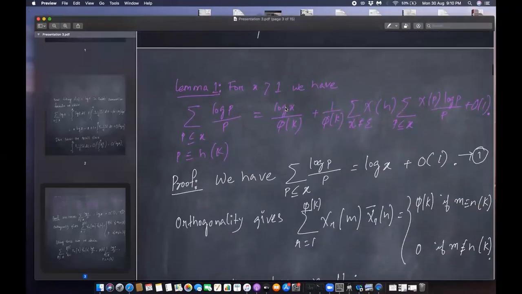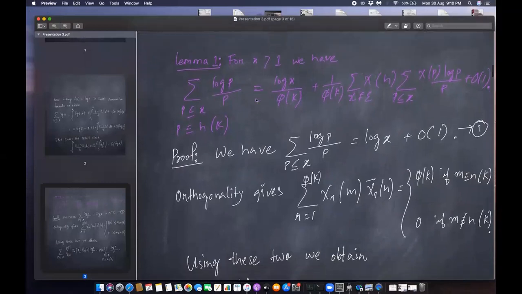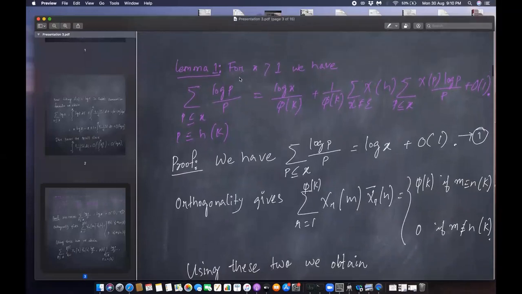Yeah. So this is our Lemma 1. For x greater than 1, we have to show that this average would be equal to this.